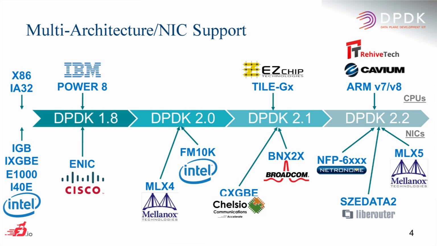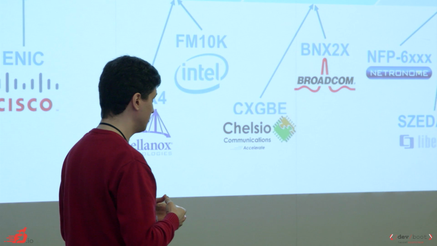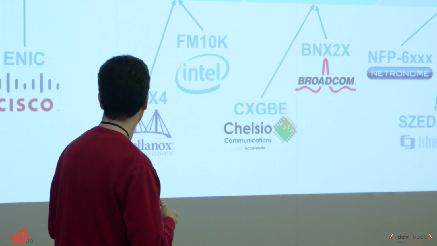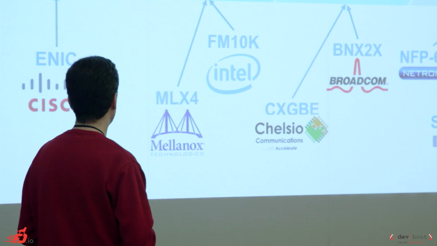Along the years, we opened up gradually, and now we are a fully open source project. We are also multi-architecture in terms of CPUs, and we are supporting a lot of NIC architectures as well. So it's not just Intel. We have folks in the room from Cavium.